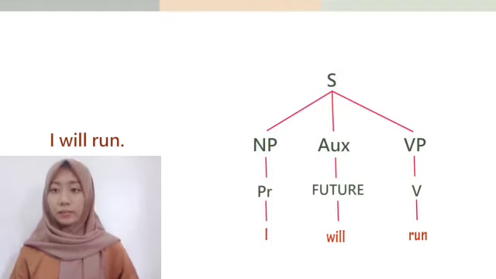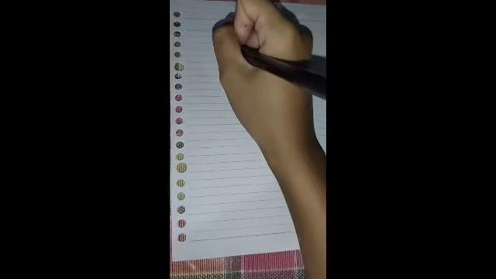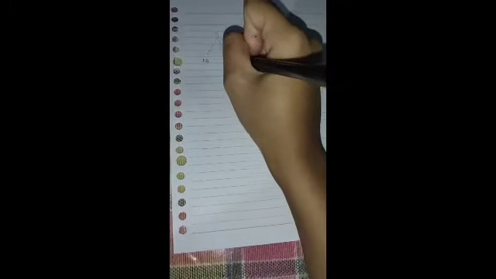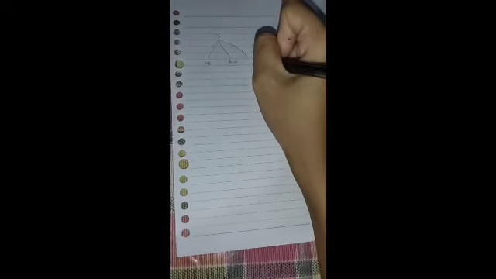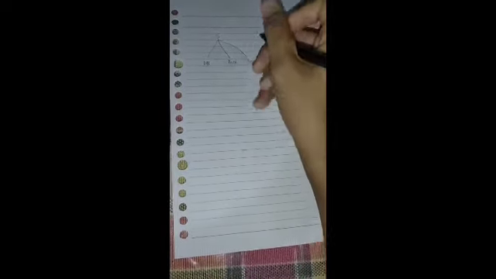more complicated. For example, I will tell her the story. If I ask you to draw the tree diagram, you can always start at the top by writing the sentence, or S, as an NP, auxiliary, and VP.